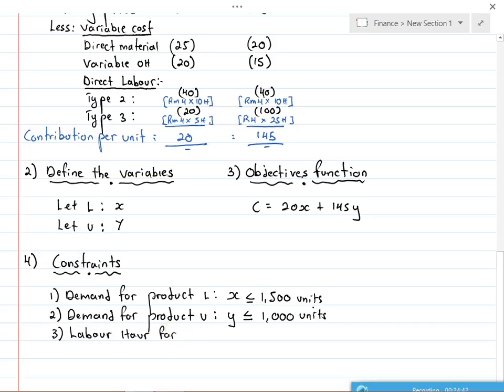Which one have you calculated in your contribution? For products L and U, you only have a problem with type 2, so over here, labor hour for type 2.